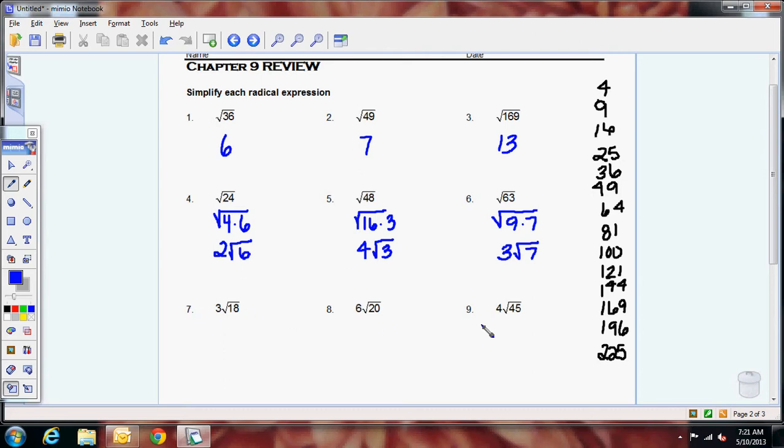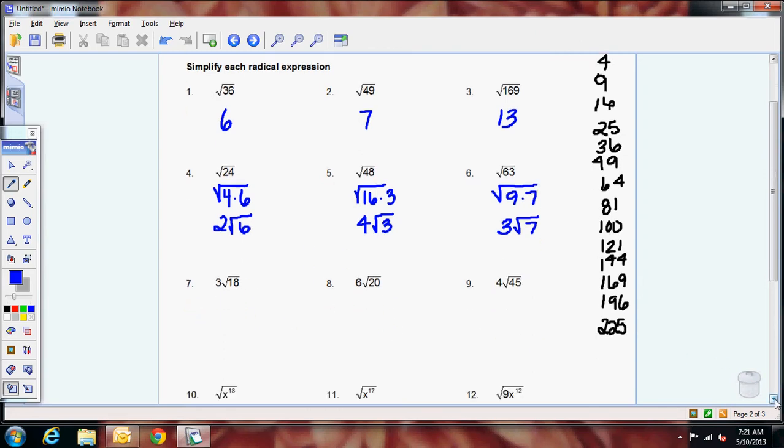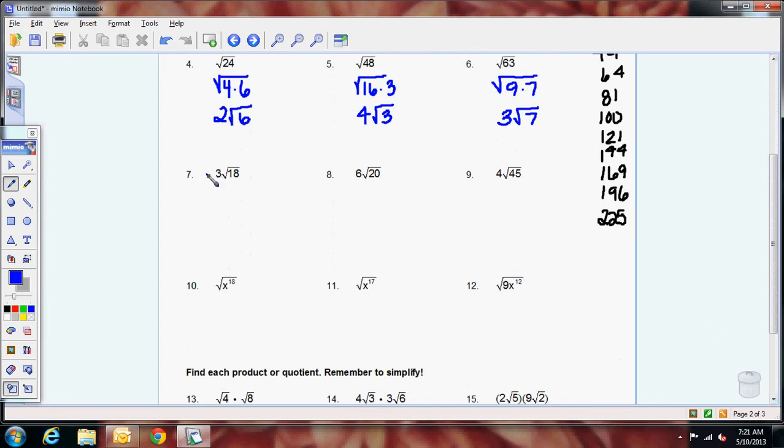Alright, then we get into the more challenging ones. So don't freak out about these. Remember, just ignore the outer number at first and just pretend it's square root of 18. So the square root of 18 is not a perfect square. The biggest perfect square you can divide into 18 would be 9. 9 times 2. And then if you want, you can just continue to bring that 3 down.